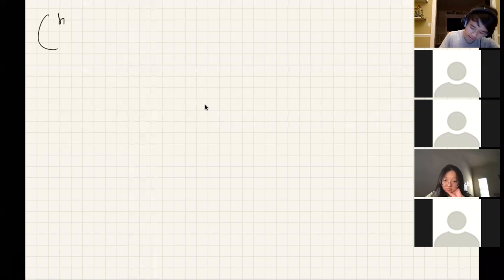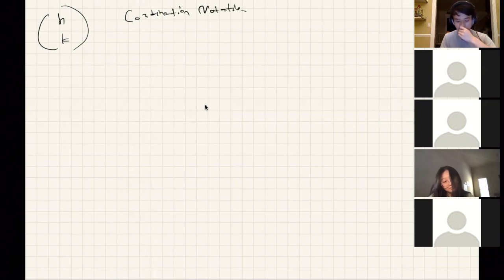You're going to see something like this: big parentheses, where some big number, let's say n, is on top, and some smaller number, let's say k, is on the bottom. Usually k is between 0 and n, although I've seen examples where this is not the case.